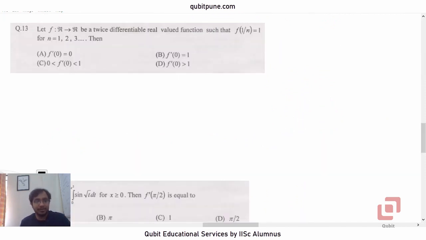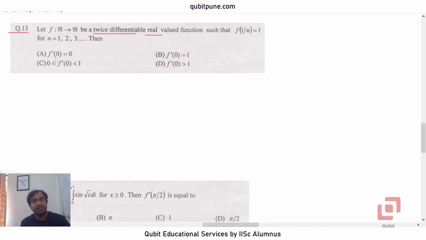Question number 13. Let f be a function defined from the set of real numbers to the set of real numbers, and suppose it is twice differentiable real valued. The additional property that the function f possesses is f of 1 over n is always 1 for all the natural values of n. So when n is 1, n is 2, n is 3, so on, it is 1.